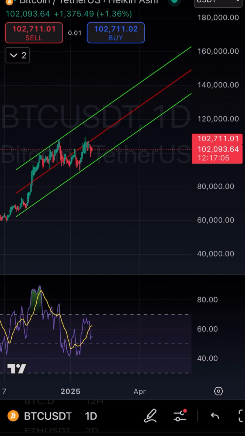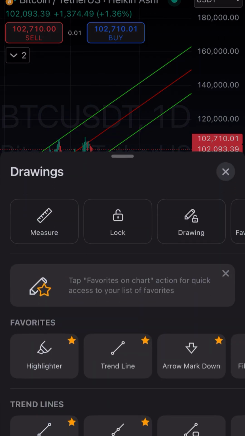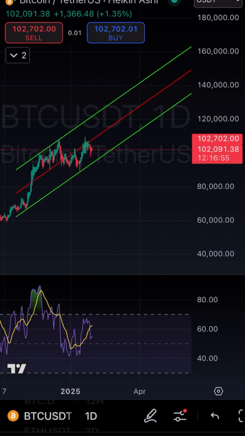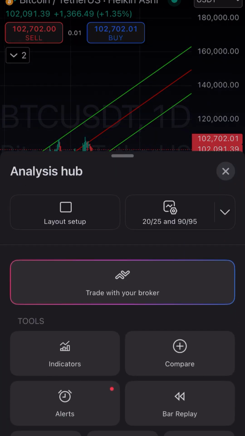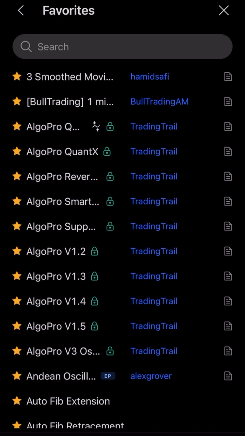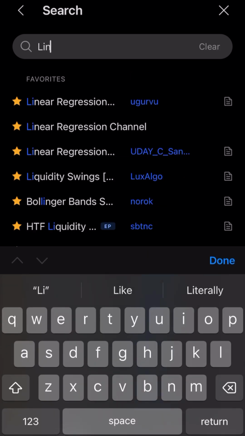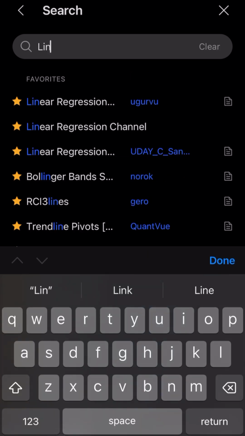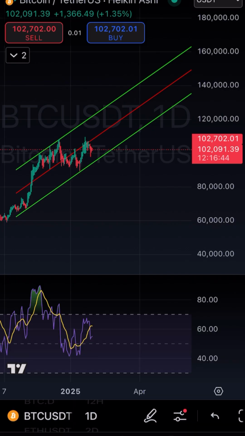Okay, so for this to work, you need two indicators. First, go to your day chart of your crypto, then go to your indicators and select linear regression channel. That's that one there.